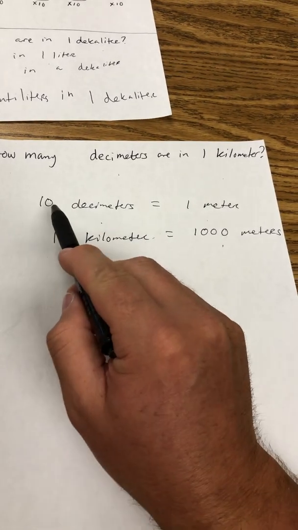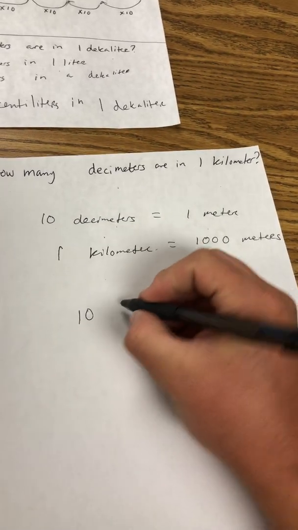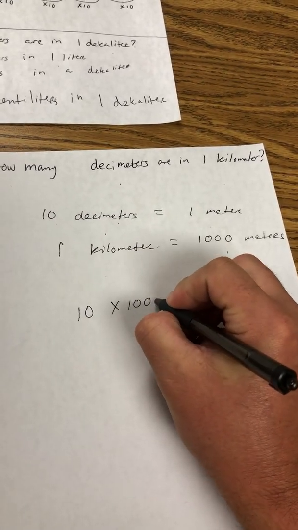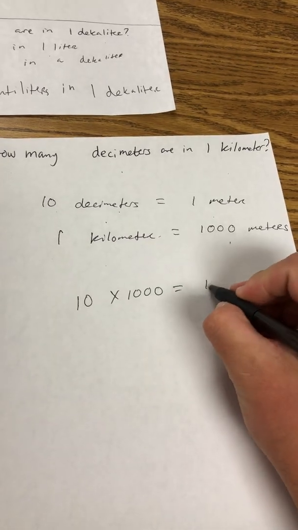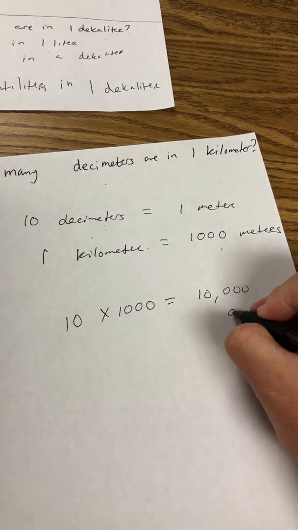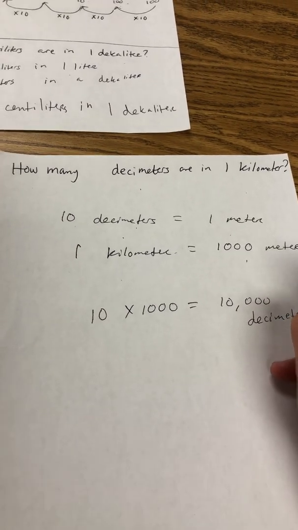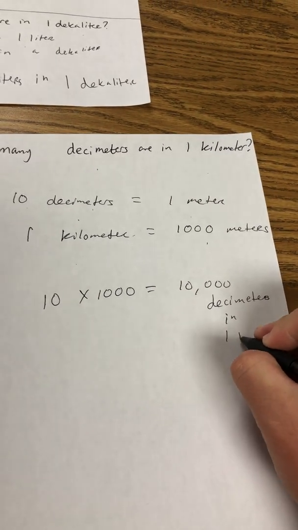So I could say 10 decimeters times 1,000 meters, and that would give me 10,000 decimeters in 1 kilometer.